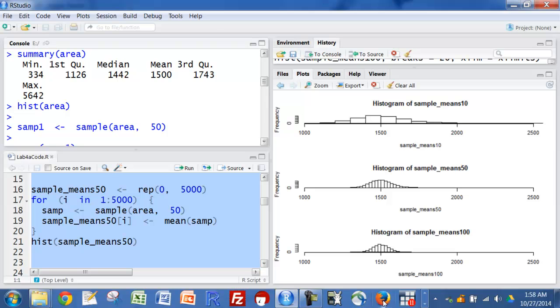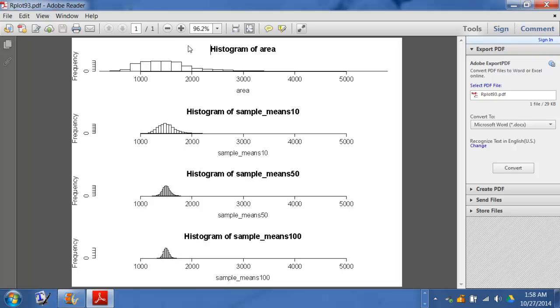Okay, I did a couple of other things here. One of them won't show up in R on this screen because the computer I have right now to use the recording equipment has a small screen. But if I save it as a PDF, my first one here is the area.